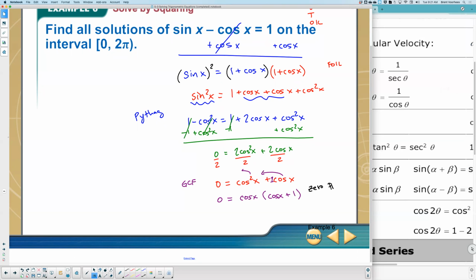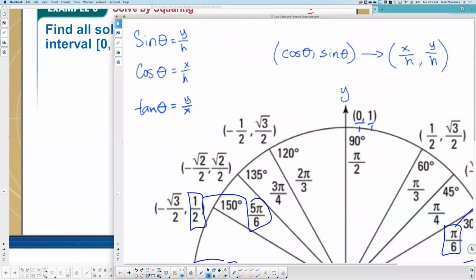Zero product property. So I would be solving cosine x equals 0 and cosine x plus 1 equals 0. Cosine, let me go over here.